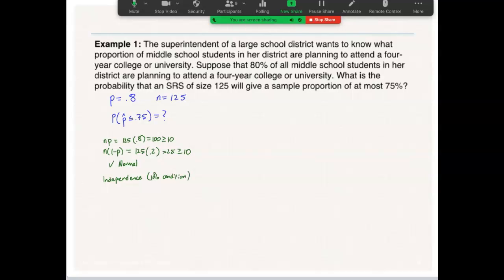And so all I'm going to do is multiply my sample by 10, so 125 by 10. 1,250, and I'm just going to say it's safe to assume a large district would have more than 1,250 students.